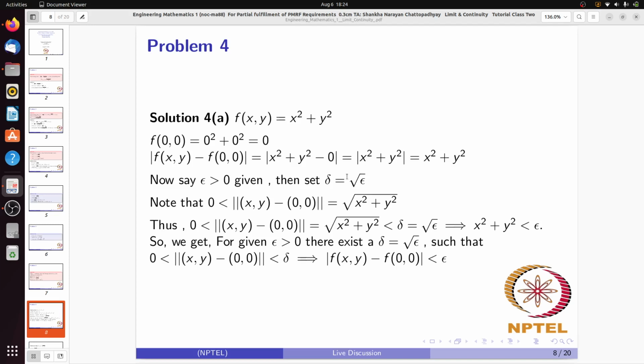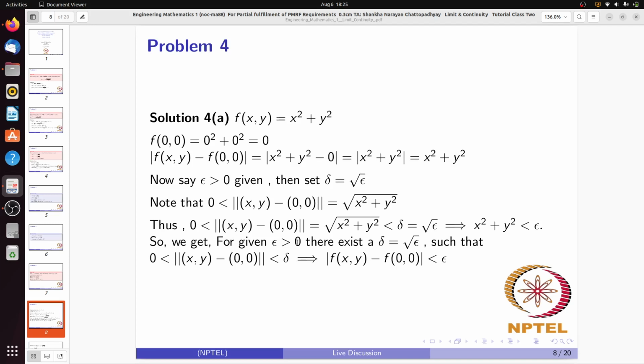Now we choose a positive quantity epsilon greater than 0, and we claim that when this epsilon greater than 0 is given, we will set the positive number delta to be the square root of epsilon. Note that 0 less than the norm of (x, y) minus (0, 0), which is nothing but the Euclidean distance, implies the square root of x square plus y square is less than delta.